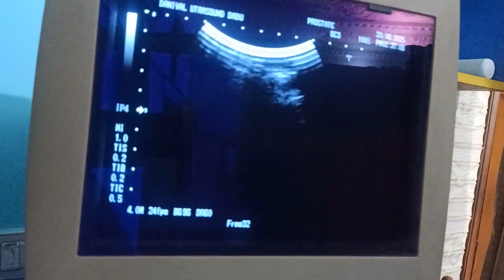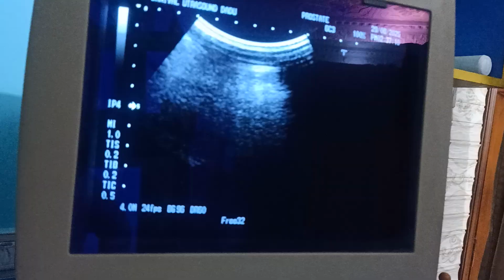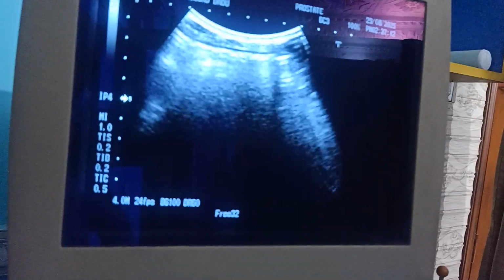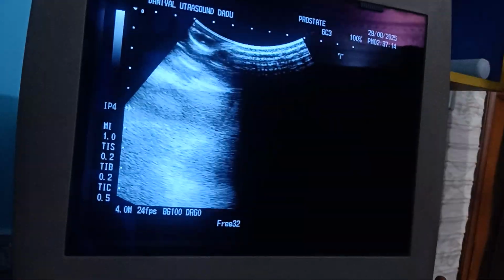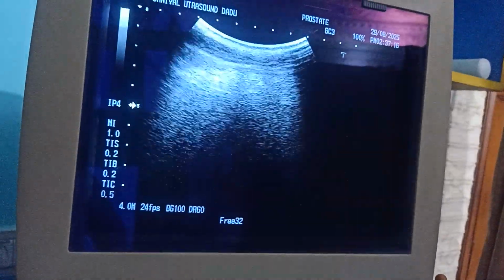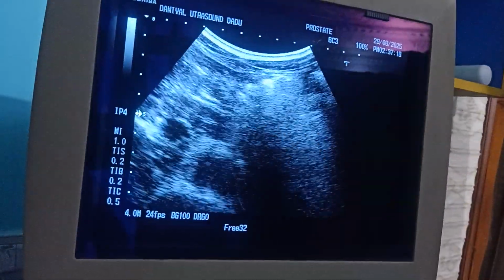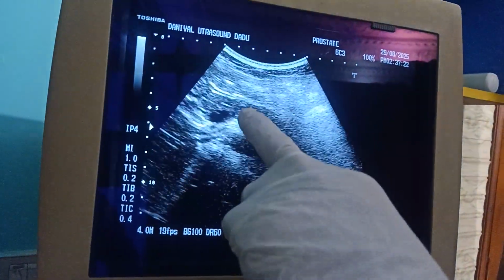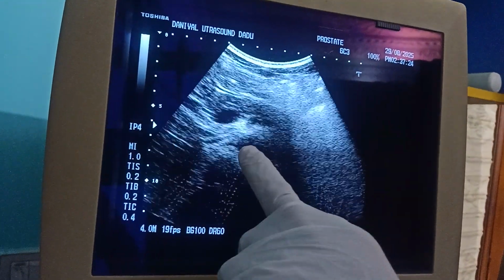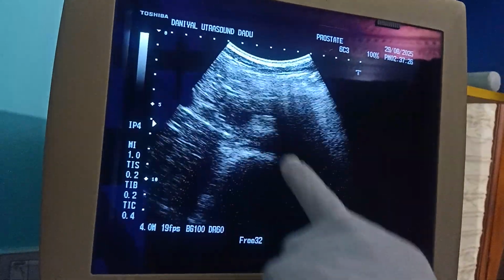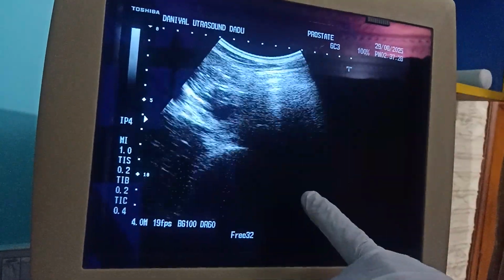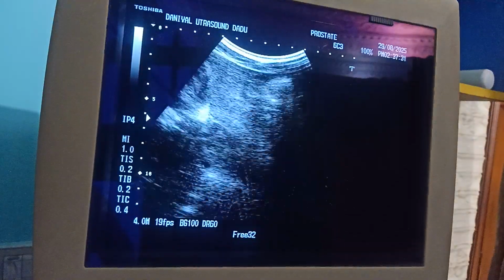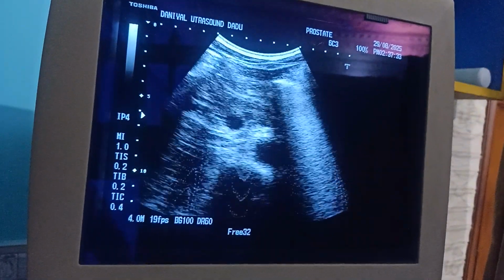Okay. Now in the epigastric region we have to look for the para-aortic or epigastric lymph nodes. We'll take a view of the epigastric region. This is transverse section of the epigastric region showing pancreas. This is the splenic vein below the pancreas. This is aorta giving pulsation.